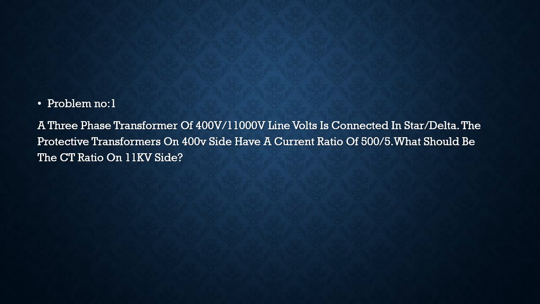That means the CTs placed on the 400 volt side have a current ratio of 500 by 5. Here we need to find the CT ratio on the HV side, that is, the CT ratio on the 11 kV side.